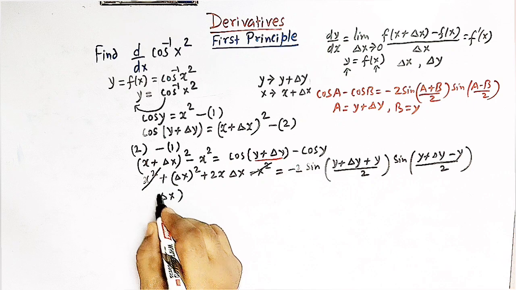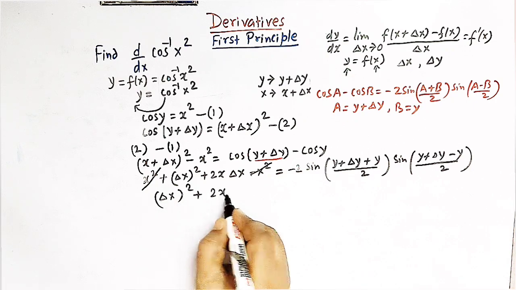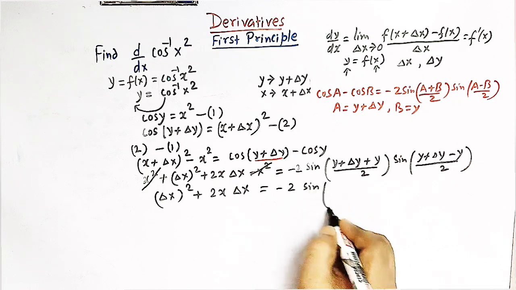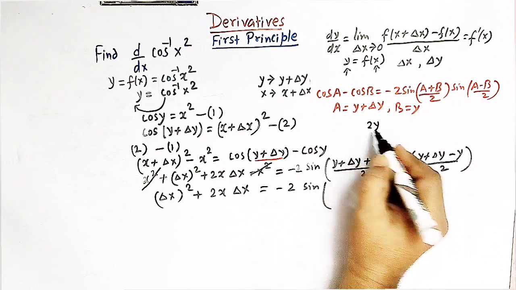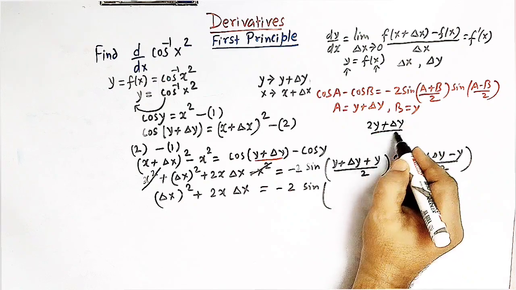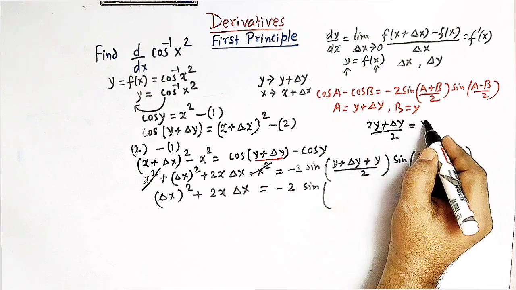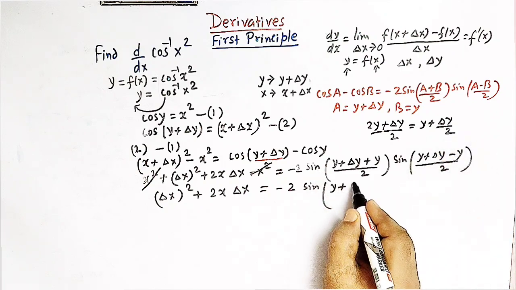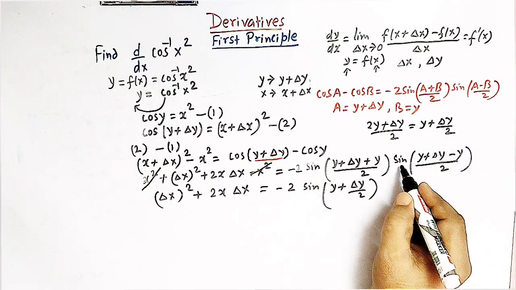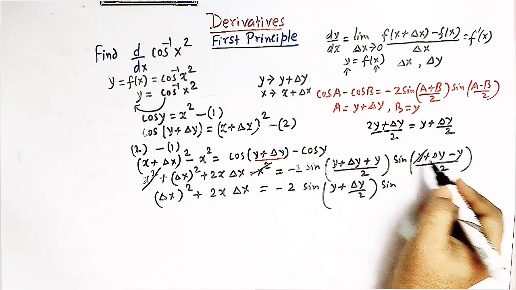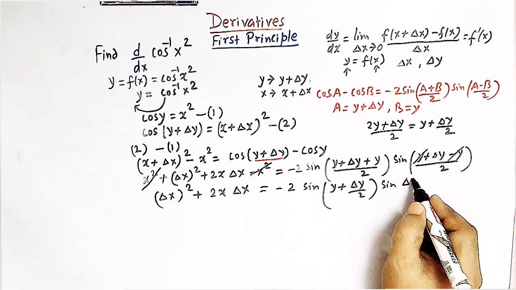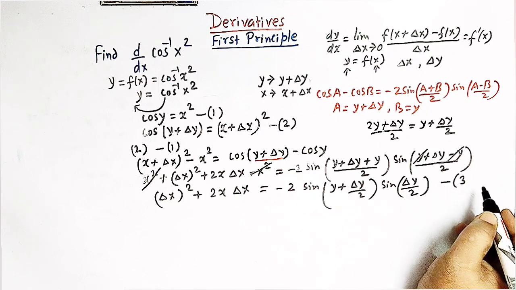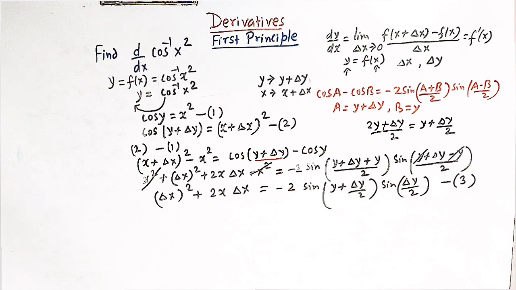So we have delta x square, then we have 2x delta x, and here we have minus 2 sine, and here we have y plus y is 2y, and delta y over 2, which can be written as y plus delta y over 2. So we have sine y plus delta y over 2, and here we have sine, this y and this y get cancelled, so we have delta y over 2, right? So this is our equation number 3.